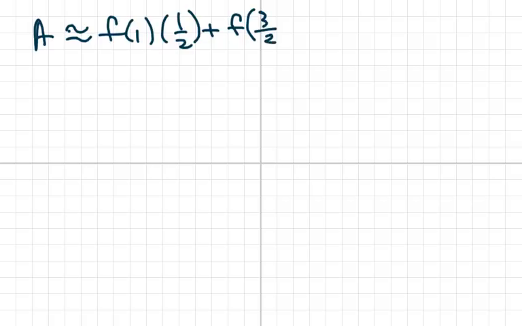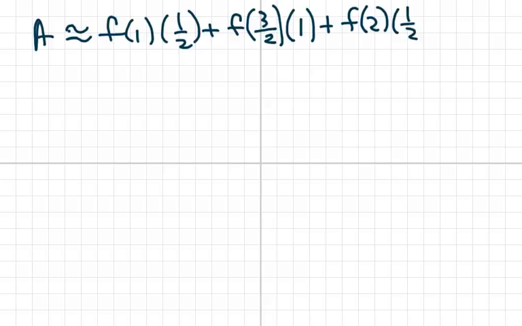So that's 3/2 times 1/2, plus f of 2 times 1/2. My units are 1/2. I'm still on the first problem. All right. Plus f of 2.5 times 1/2. I got 4 more to go.